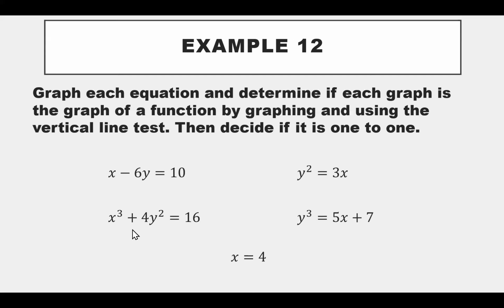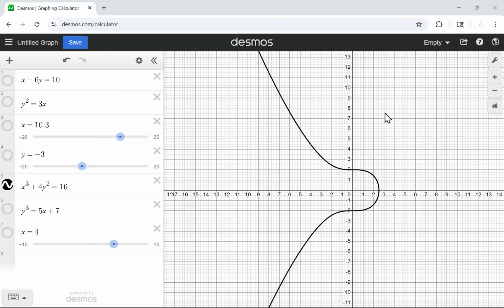Let's do these three: x to the third plus 4 times y squared equals 16, then y to the third equals 5x plus 7, and then x equals 4. I've typed all of these into Desmos just to save time, but you can do this in a lot of other ways as well.